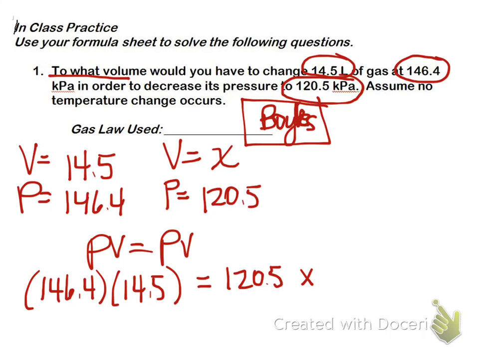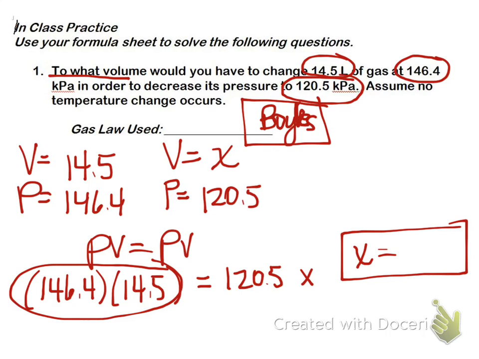How do I solve for X? Multiply those things together and then divide by 120.5. It turns out that your calculator will give you a new volume.